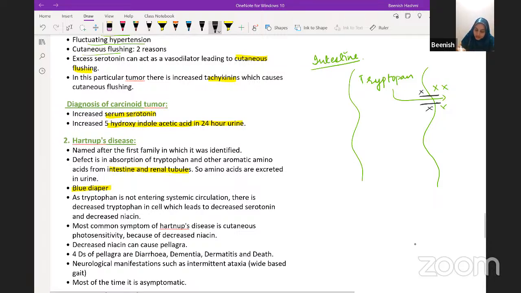Now what happens? This tryptophan, it is acted upon by bacterial enzymes in the intestine. And what is formed? Indole compounds are formed, like your indigo blue and indican.